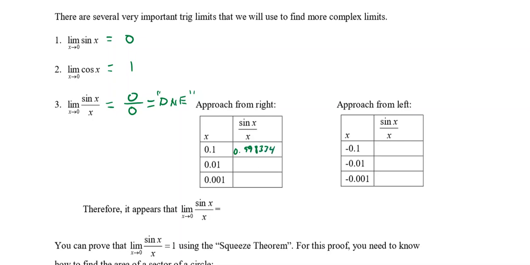And if we throw in 0.01, we get 0.999983, and then 0.001 would be 0.99, a bunch of 9s, 5, 6 9s, and then 83.